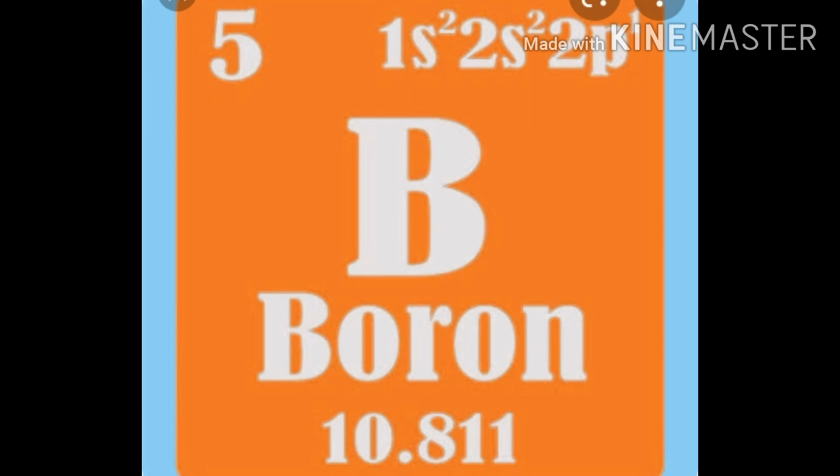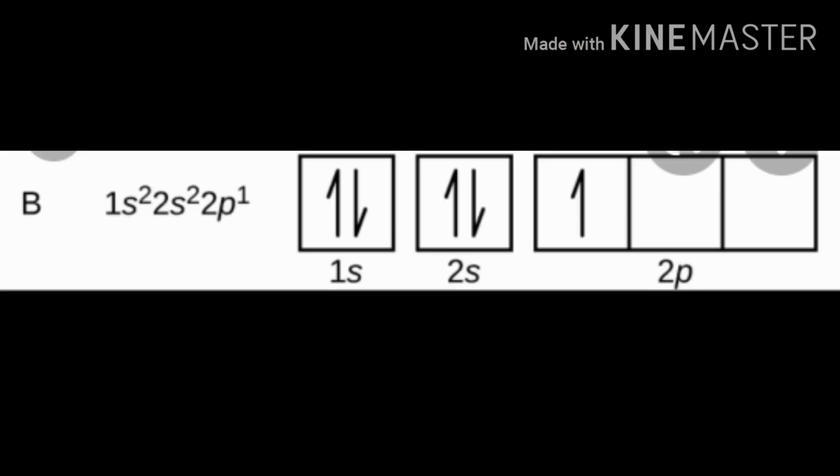The electronic configuration of boron is 1s2, 2s2, 2p1. Here the last electron, 2p1, enters the p orbital. So that's why boron comes under p block elements.